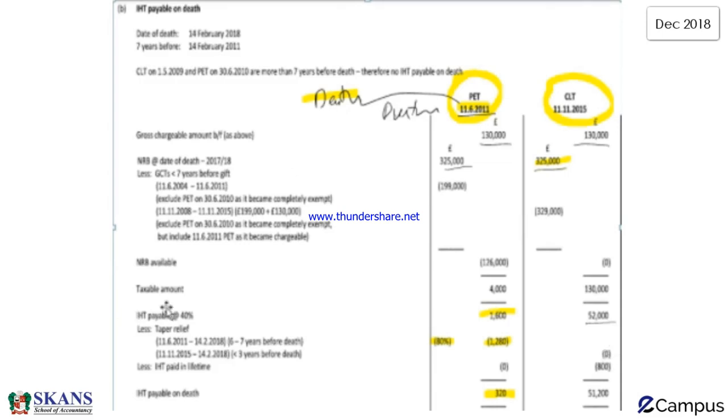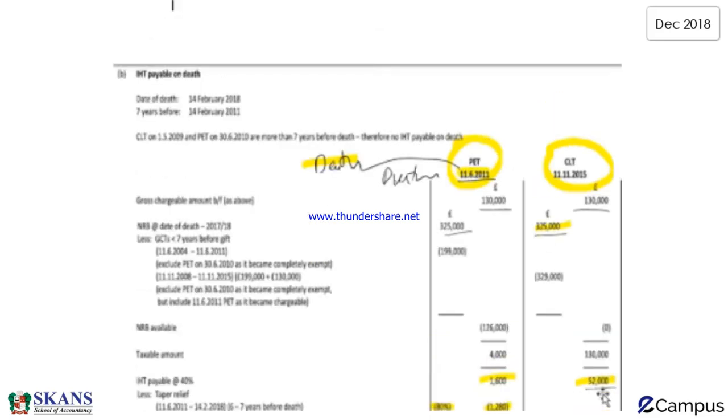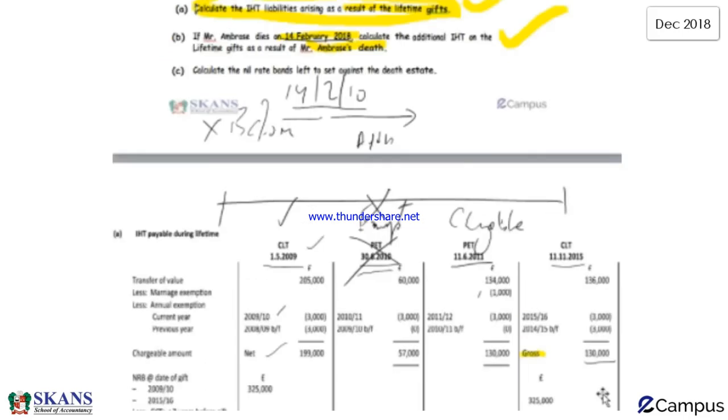So the tax which is payable on death so far is 52,000, but as it is an IHT, we will be able to deduct the lifetime tax I was mentioning earlier when I was discussing that table, and that's why the payable tax is 51,200.